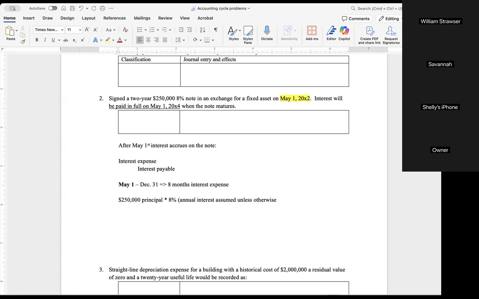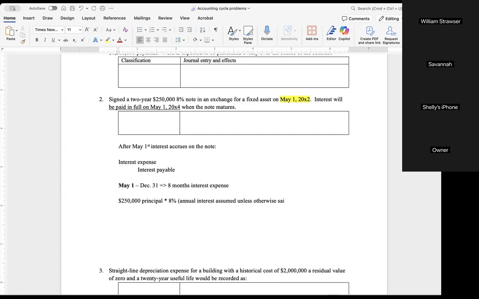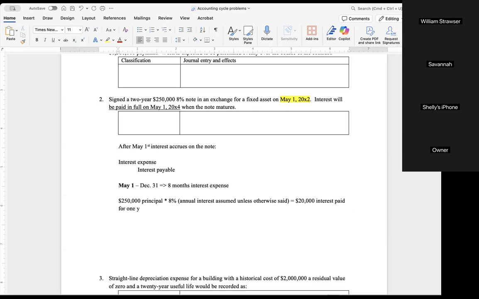So unless I tell you this is monthly interest or quarterly or whatever, usually it's expressed in monthly or yearly interest. But if I don't say anything, always assume it's annual interest. So what that means is, over the course of 1 year, I'm going to generate that much interest expense. That calculation nets $20,000. But again, I'm labeling it to say interest paid for 1 year.